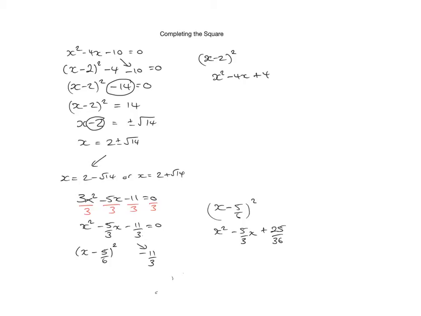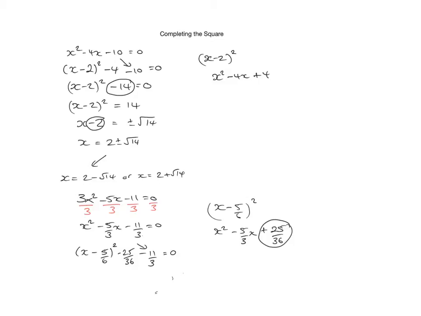So what we have to do is we have to take this off our equation down here. So let's add that in. We need to take it away. So let's minus 25 over 36, and that's still equal to 0, guys.